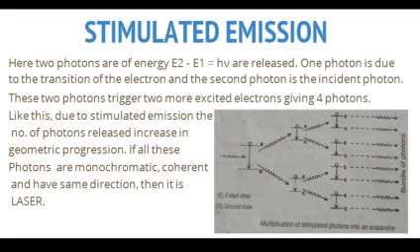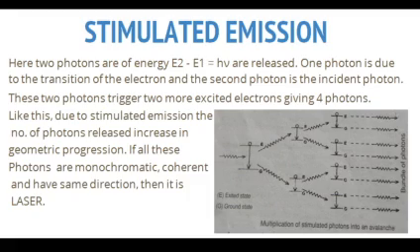These two photons trigger two more excited electrons, giving 4 photons. Observe the figure. The incident photon, the first photon, releases 2 photons, and those 2 photons are absorbed by electrons, so they will give 4 photons.